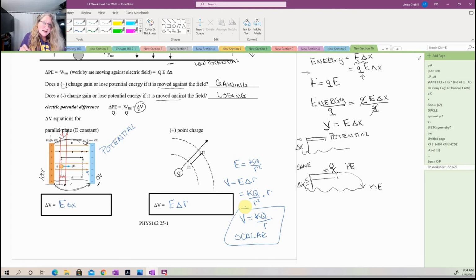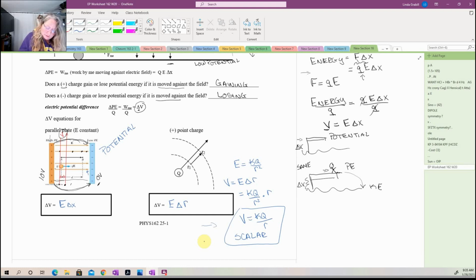We're going to do the exact same in the next video, where I'm going to show you that we can add up all of my different potentials if I have more than one source. And when we add them up, now we're going to take into account their signs. So now you can take the sign of the charge and incorporate it, because we're dealing with a scalar quantity. We're not dealing with a vector quantity anymore.